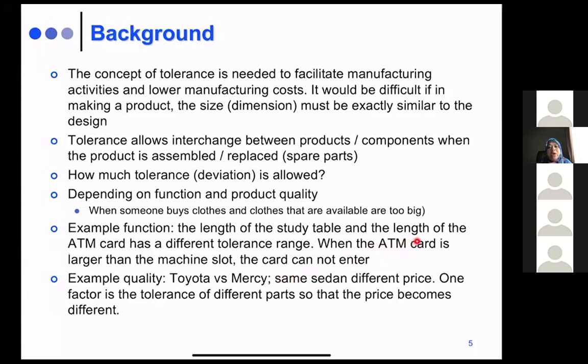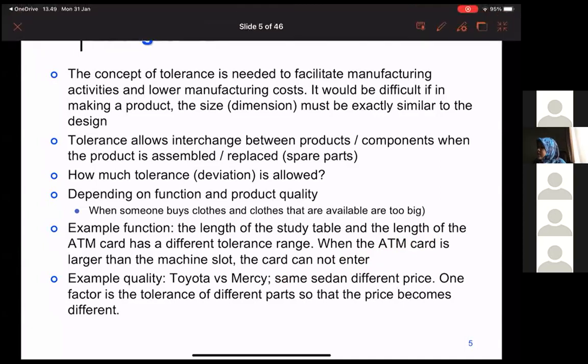So then the tolerance should be maybe 2 millimeters plus 0.02 millimeters, for example. Let me write it here. For example, only 2 millimeters, and the tolerance may be only 0.1 and also minus 0.1.